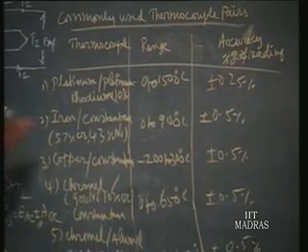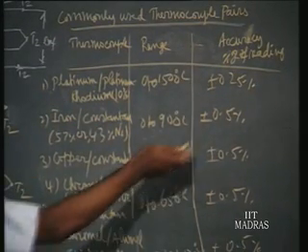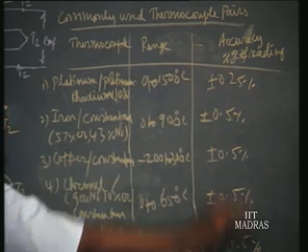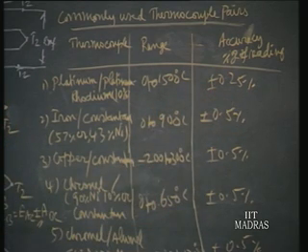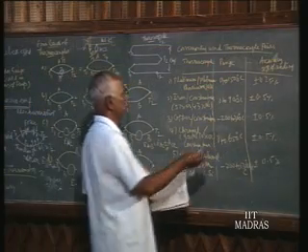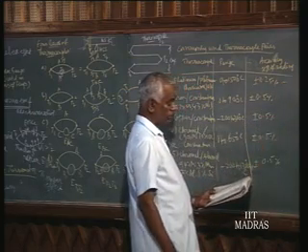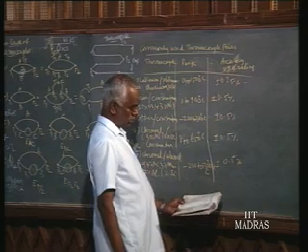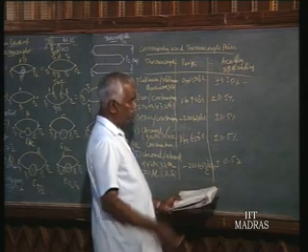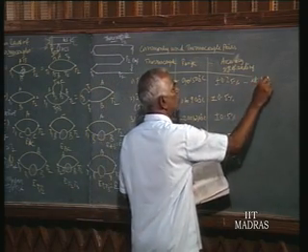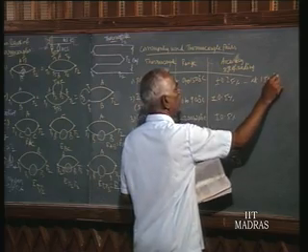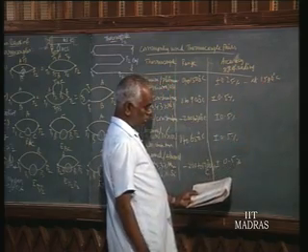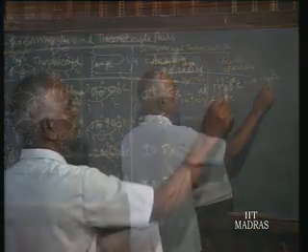It is more accurate than the other pairs, with an error of 0.25% of the reading, and it is the least sensitive among the available thermocouple pairs. That means for platinum rhodium, at 1500 degrees centigrade, it develops a voltage of about 15 millivolts.